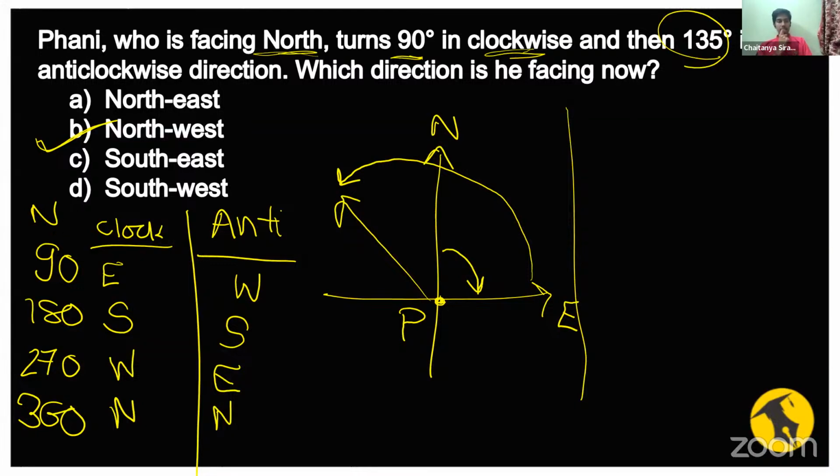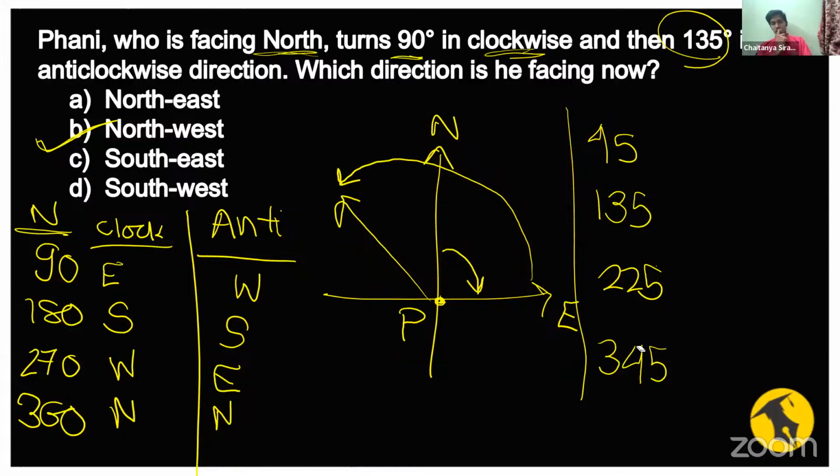I'll write here. Suppose these are the degrees: 45, 135, 225, and what else? 315, I guess. So let's say I was facing north initially, and if I move 45 degrees clockwise, that would give me northeast.